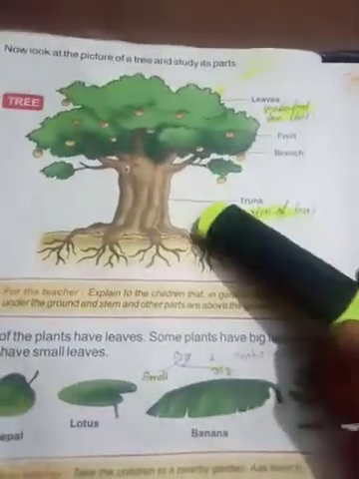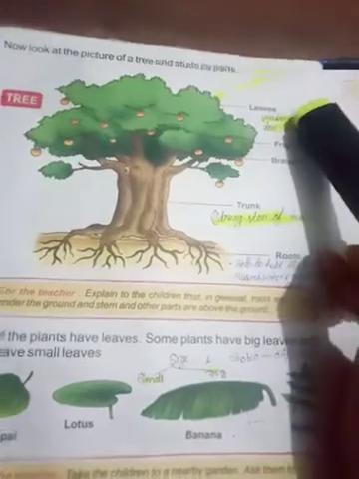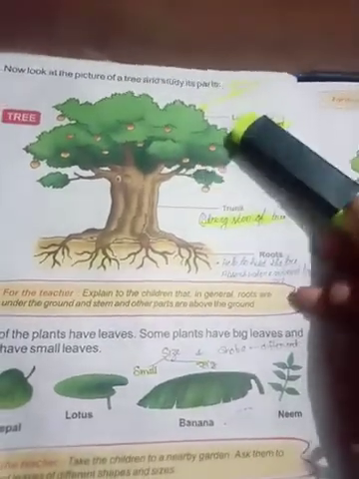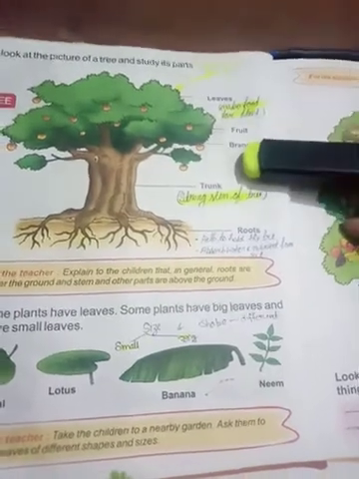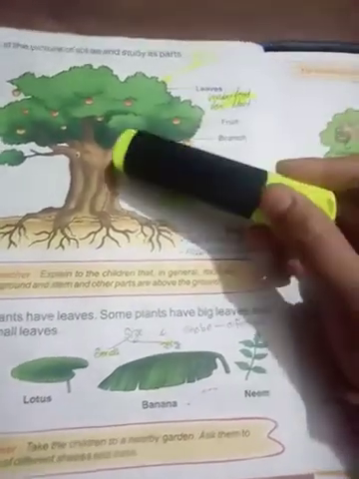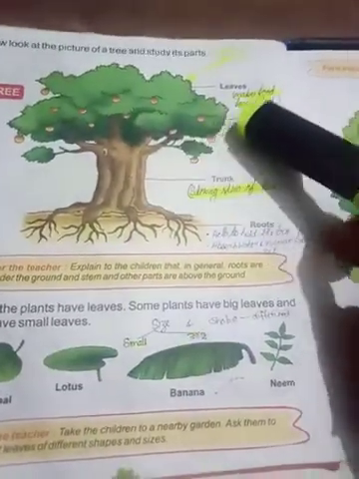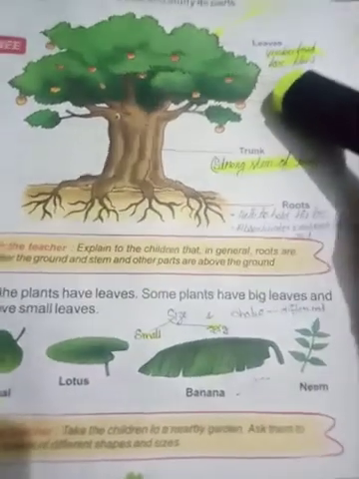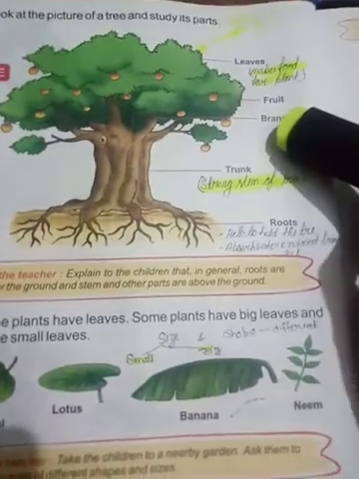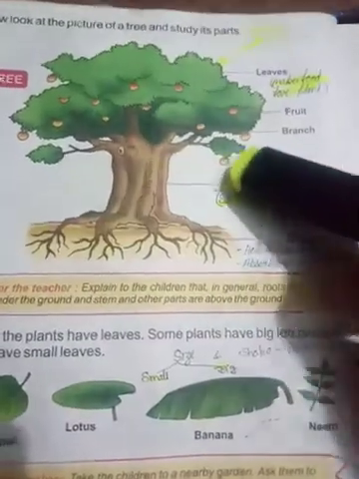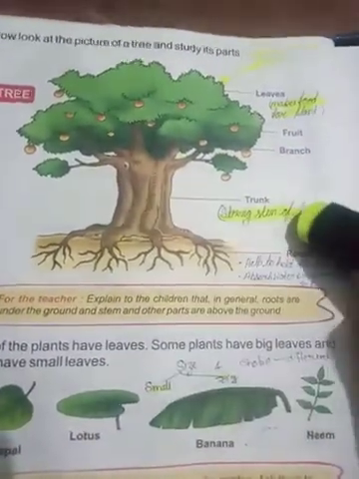Parts of trees. Leaves help in food formation, means they make the food for the plants. Then fruits, then branches. Branches help to expose the leaves to the sun so that leaves get proper sunlight and make food for the plant. Then the trunk, a strong stem of the tree.